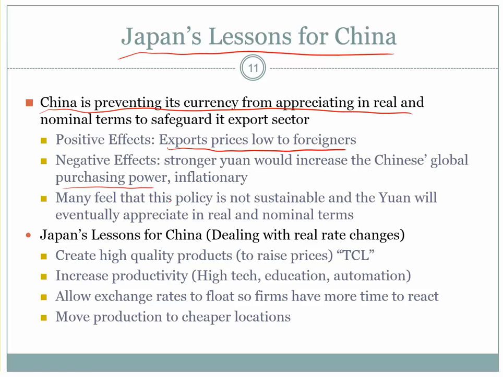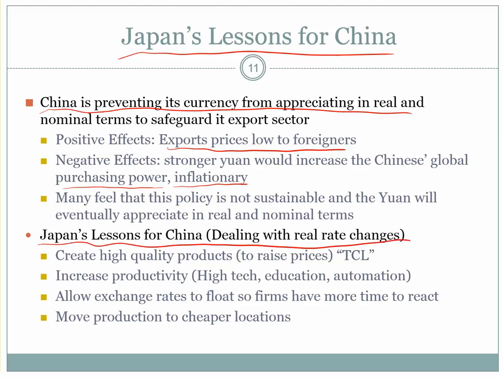If the yuan were stronger, it would be cheaper for them to travel to America or Europe, or buy oil or other goods from other countries. Also, we believe that a weaker currency tends to be inflationary. Many feel that this policy is not sustainable, and one of these days the currency is going to appreciate significantly. So what are some of Japan's lessons for China?